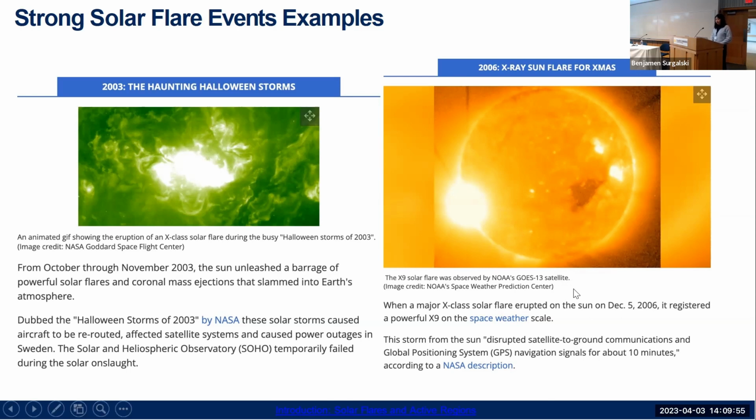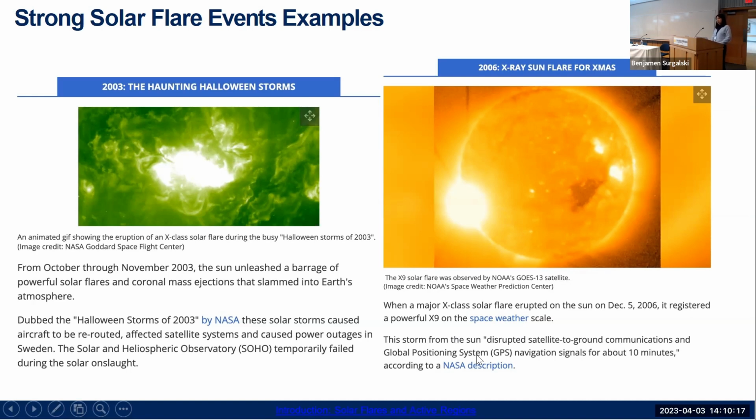And then there's another event called the X-ray solar flare for Christmas in 2006. And this is a super powerful X-class flare. That's the strongest solar flare event class that we have on record in history. And it actually disrupted satellite-to-ground communications and the global positioning systems.